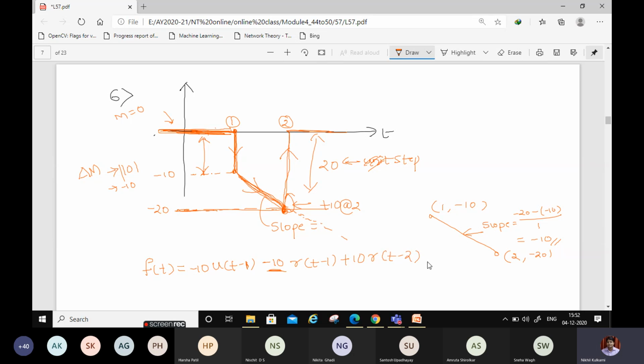At r of t minus 2. Then again here to here, the change in magnitude is in the upward direction, so it will be plus 20 u of t minus 2. So you write the f of s for this.